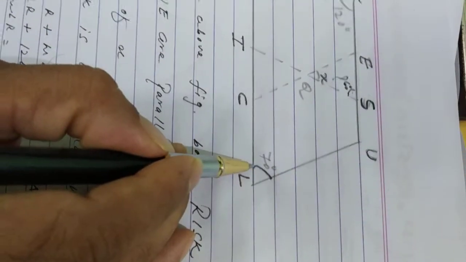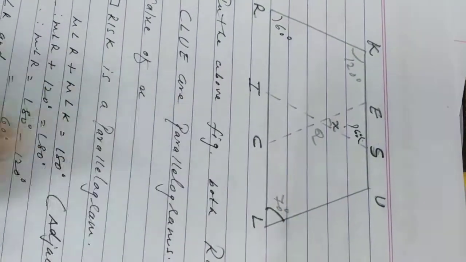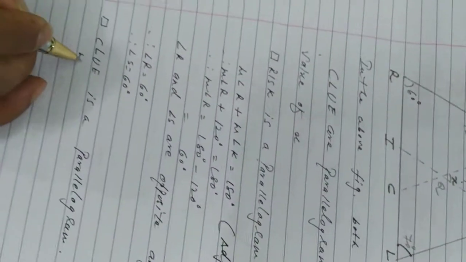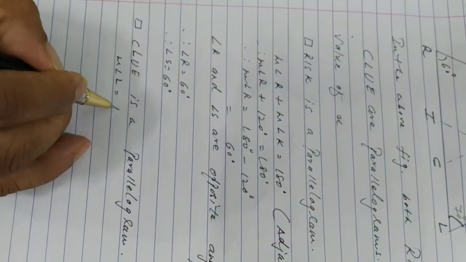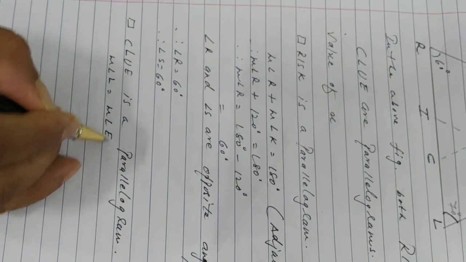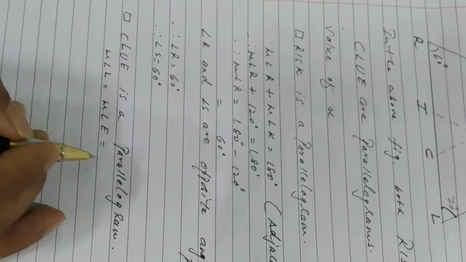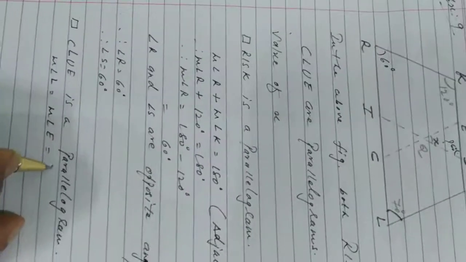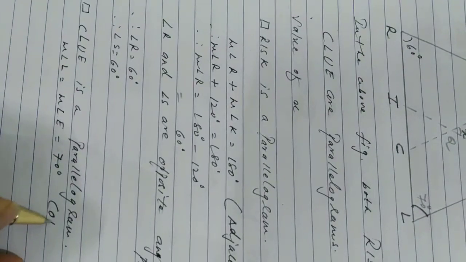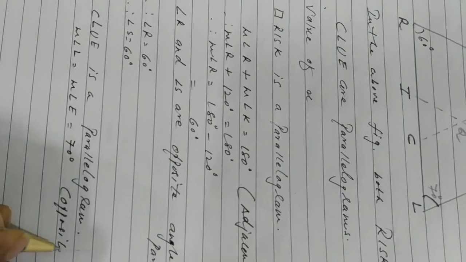In it also we have a measurement of L, right? So L and E. Measure angle L is equal to measure angle E, because opposite angles are equal, 70 degree by opposite angles, right?